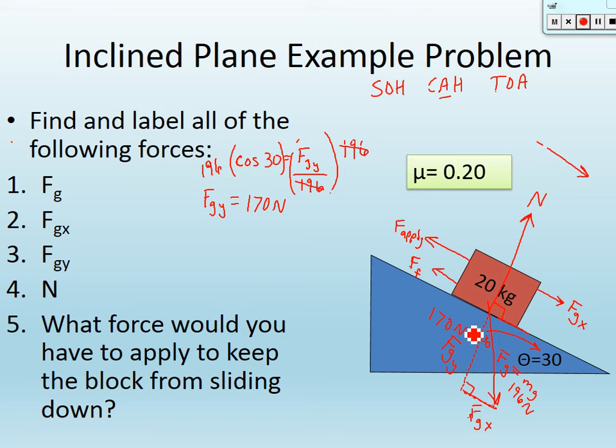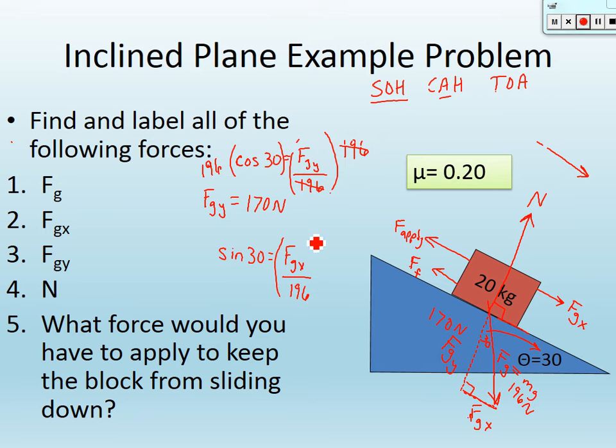Now, how would we find FGX? It looks like it's directly to the other side. What is that side called? The opposite. And we have hypotenuse, so now we're going to use what trig function? Sine. So we're going to put sine of the angle, which is 30, is equal to opposite, which is FGX, divided by the hypotenuse, which is 196.